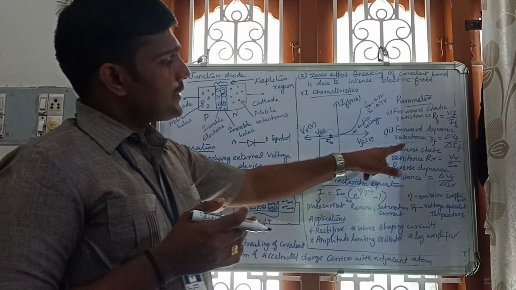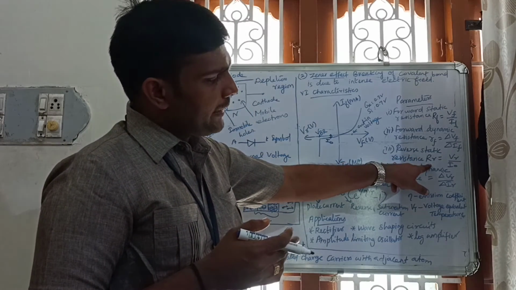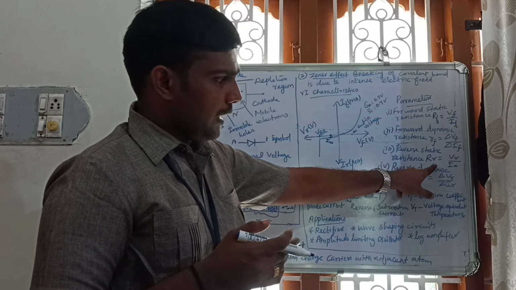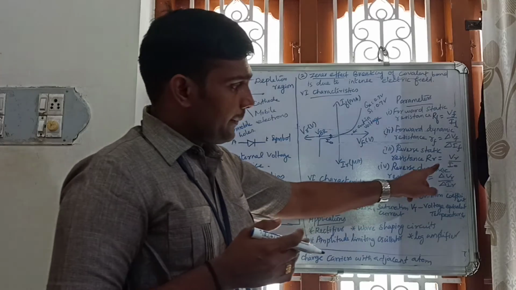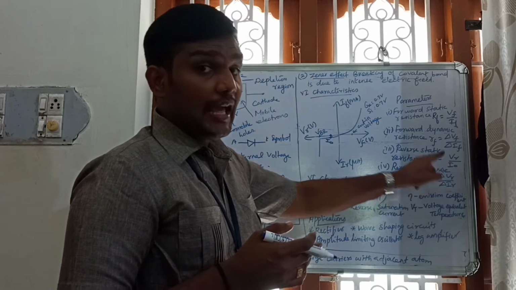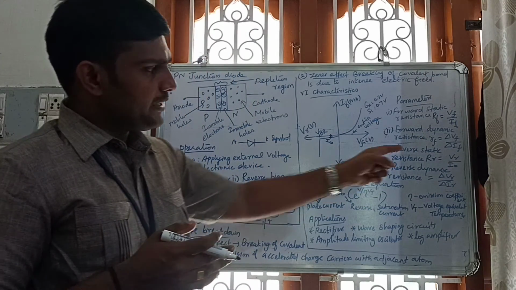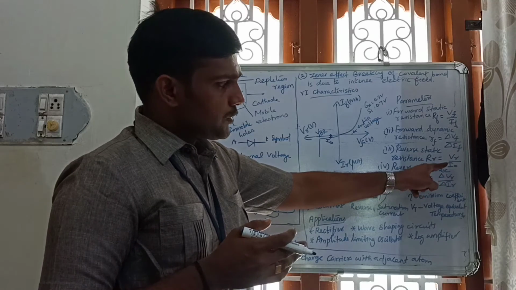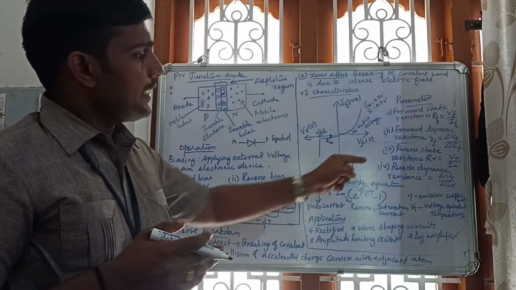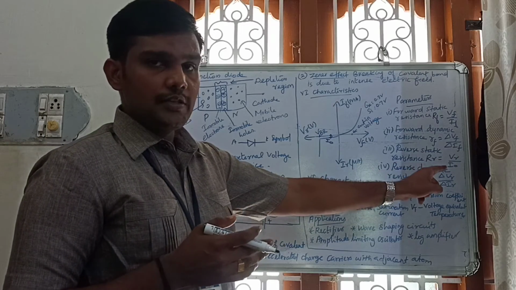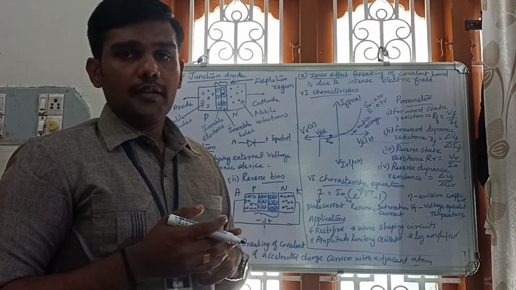And reverse static resistance is denoted by capital RR, which is equal to reverse voltage divided by the reverse saturation current I naught. And reverse dynamic resistance is equal to the change in reverse voltage divided by the change in reverse current.